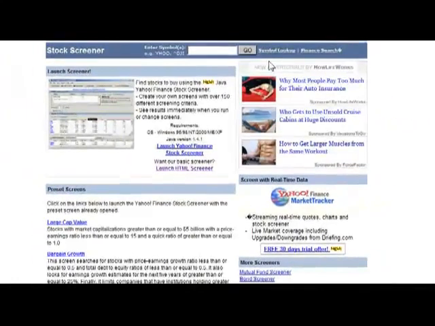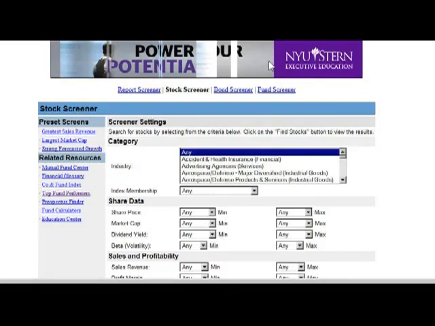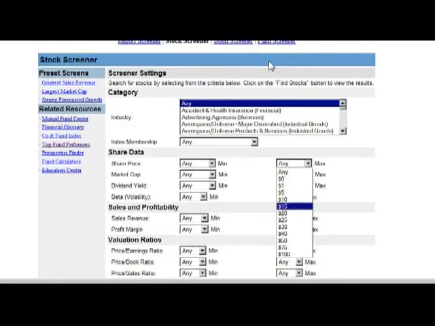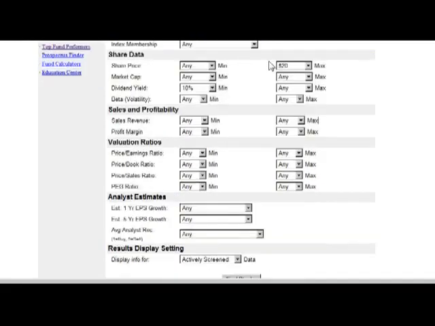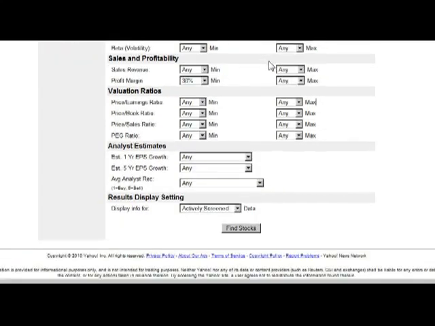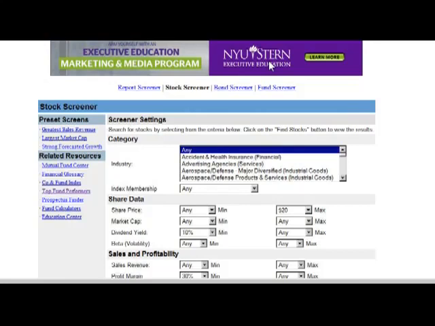From the Stock Research Center, we go to Stock Screener. We take the basic screener. We don't need any of the bells and whistles. The only thing we care about is our share price, which can be anything you got. Our dividend yield, we set at a minimum 10%. And we want to have a profit margin of at least 30%.